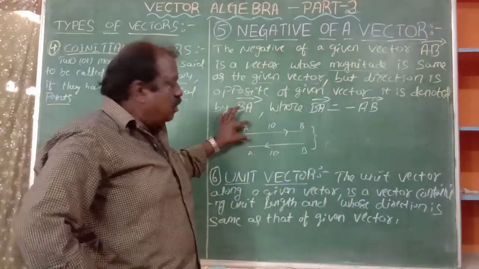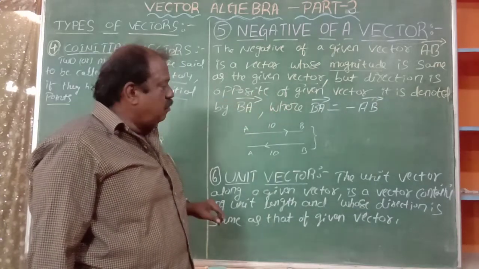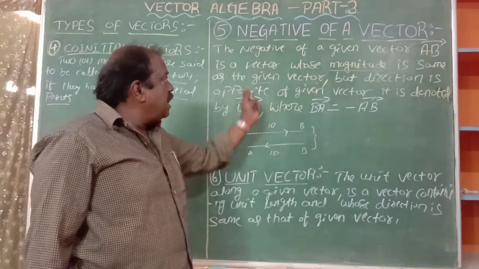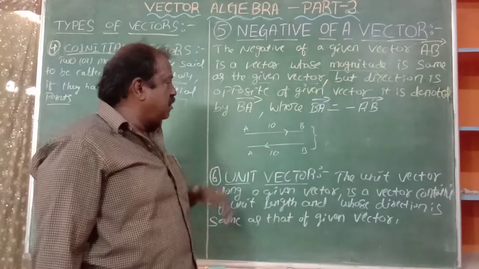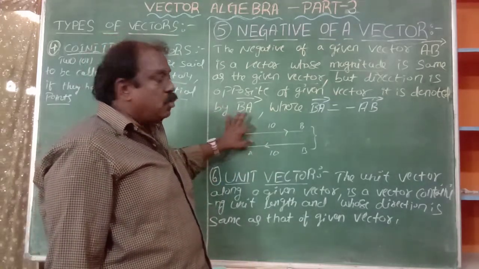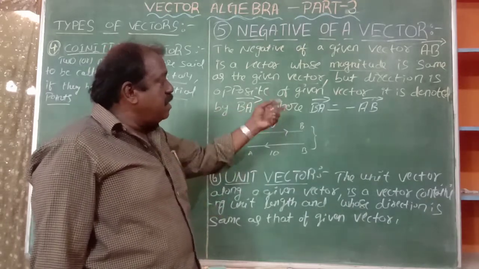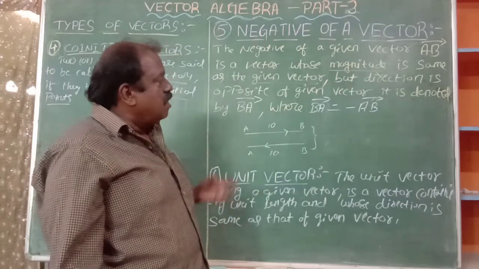You take this one more. AB bar is a given vector whose length is 10 units. But BA bar also has the same length, same magnitude, but the direction is opposite. Then this is called BA bar. The negative vector of the given vector AB bar is BA bar, where BA bar is equal to minus AB bar. We may write it with a minus.